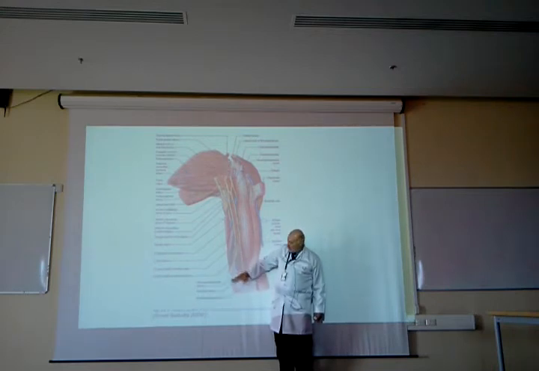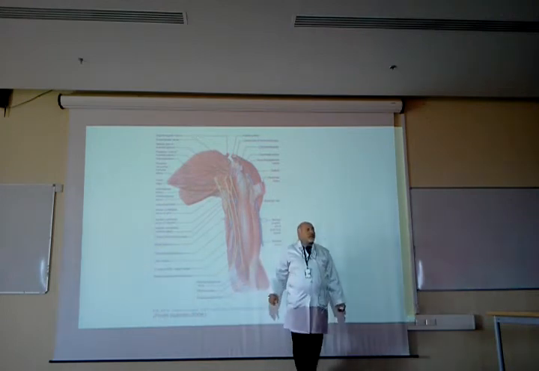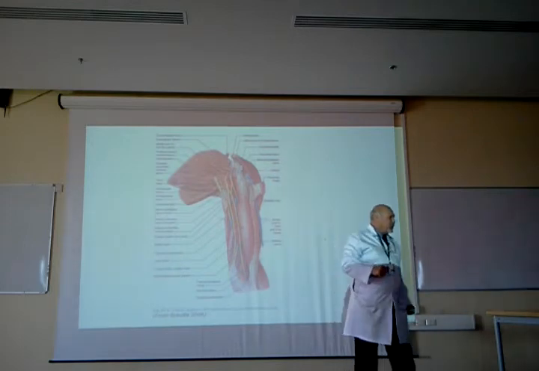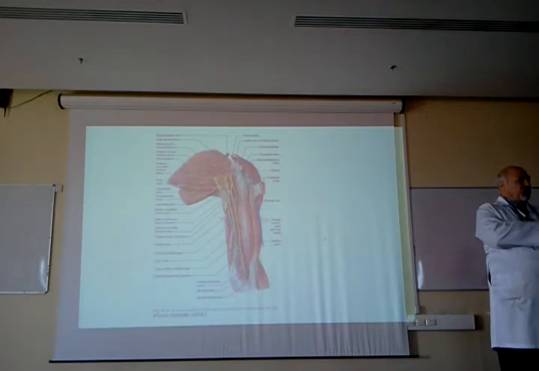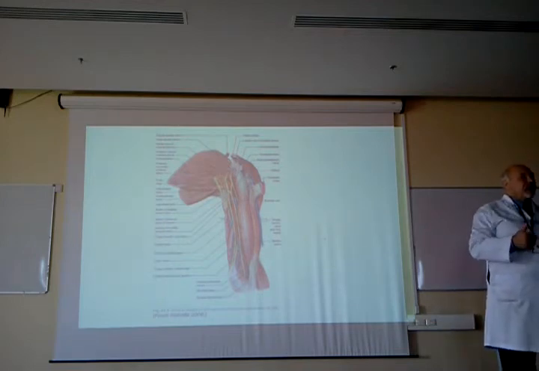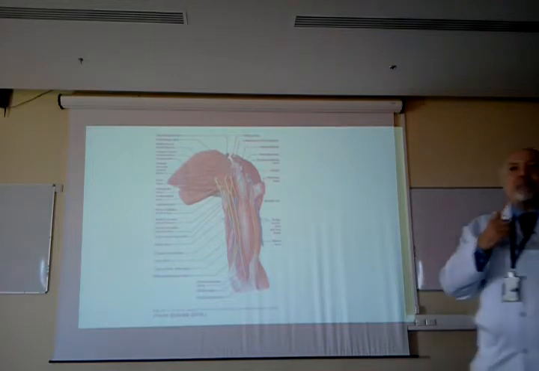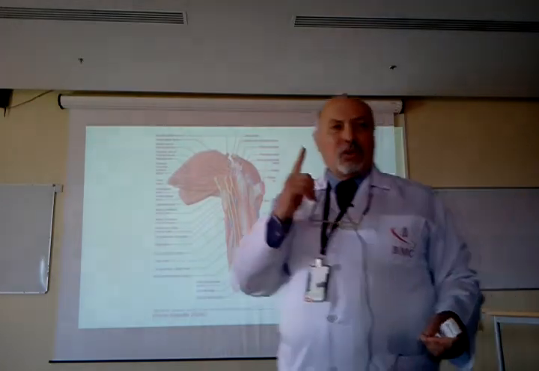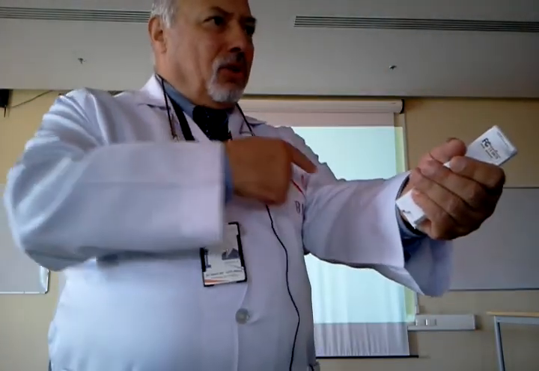There is a connection between them, and the bicipital aponeurosis separates the median cubital vein. The vein which connects the two veins in the cubital fossa is called the median cubital vein. It is separated from the brachial artery by the bicipital aponeurosis. So if you're going to inject here, don't put your needle deep.